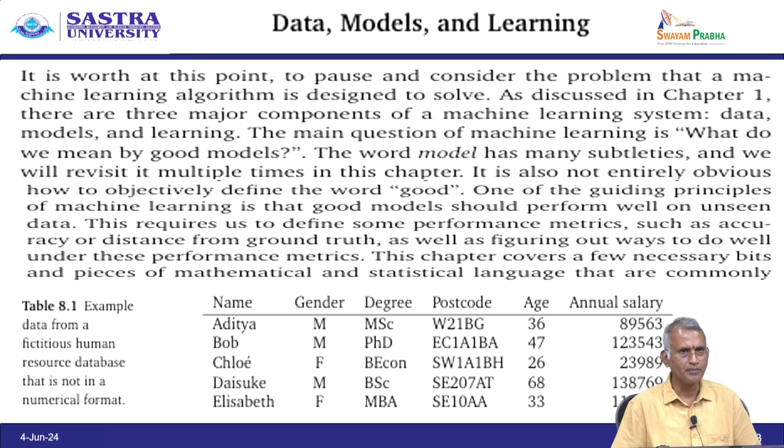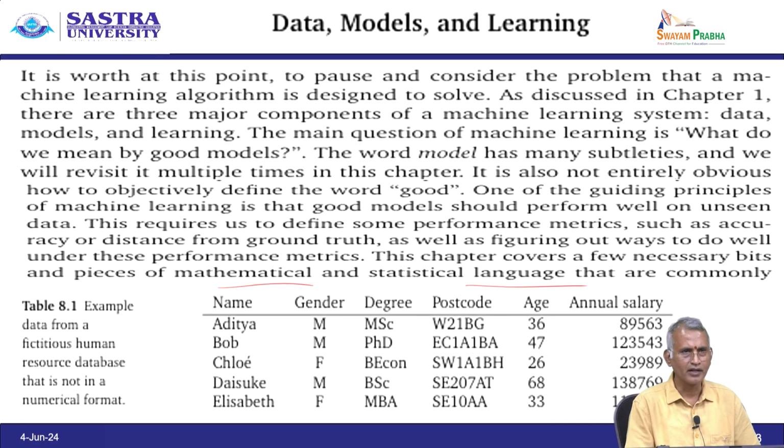One of the guiding principles of machine learning is that good models should perform well on unseen data. This requires us to define some performance metrics such as accuracy or distance from ground truth, as well as figuring out ways to do well under these performance metrics. So, this chapter covers a few necessary bits and pieces of mathematical and statistical language that are commonly used.